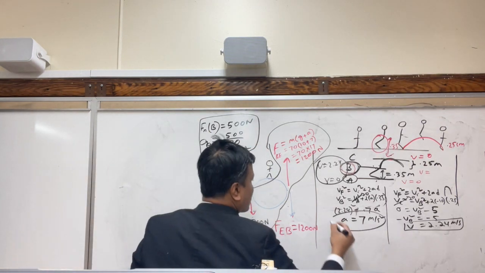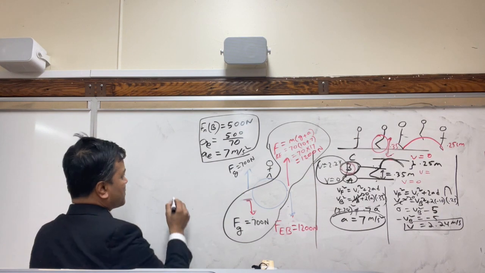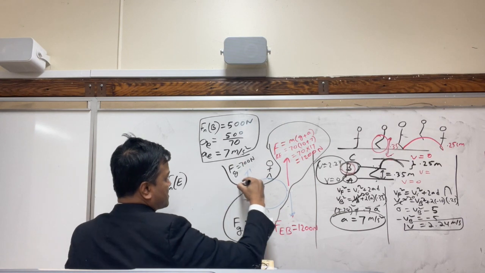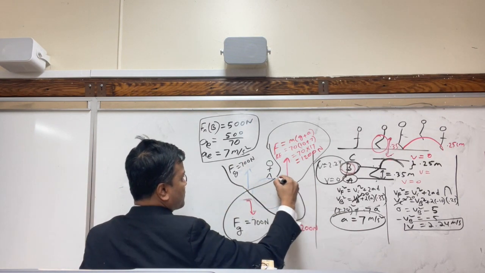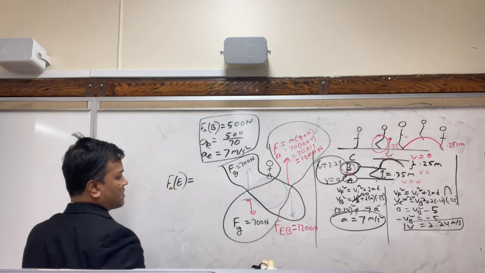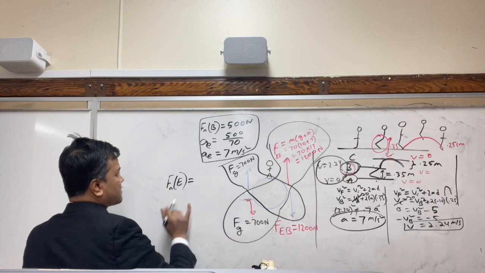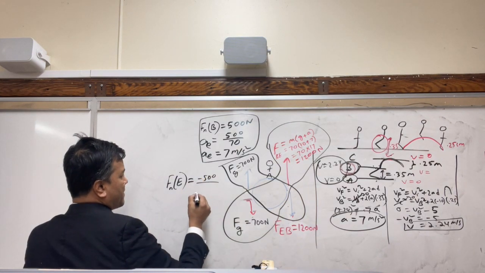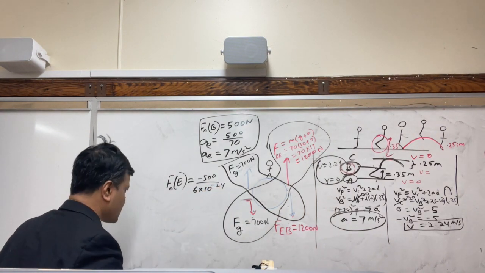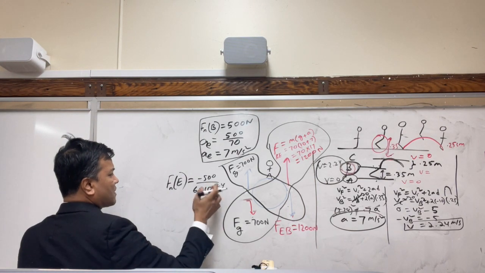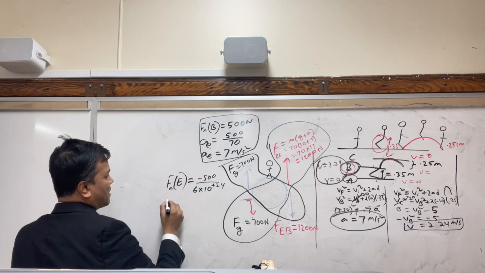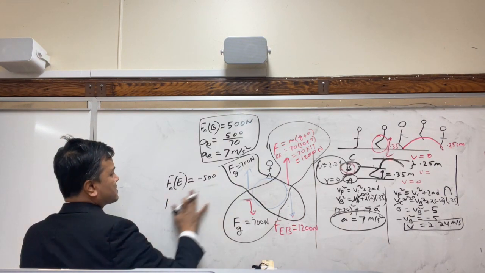Okay, now let's do the earth. F net for earth is the sum of these two blue vectors. The sum is also going to be 500, but rather negative 500, divided by the mass of earth, 6 times 10 raised to 24.